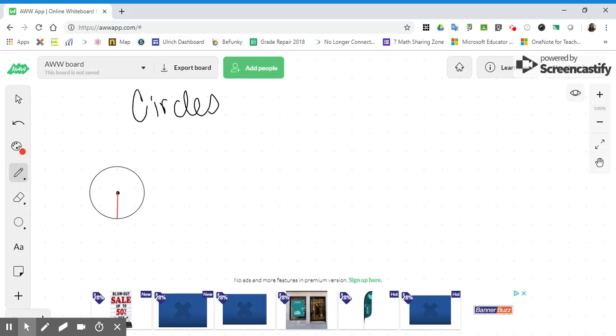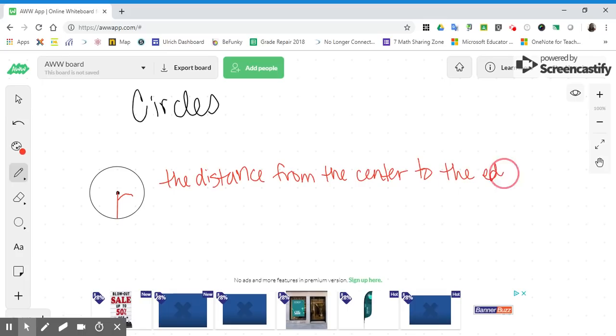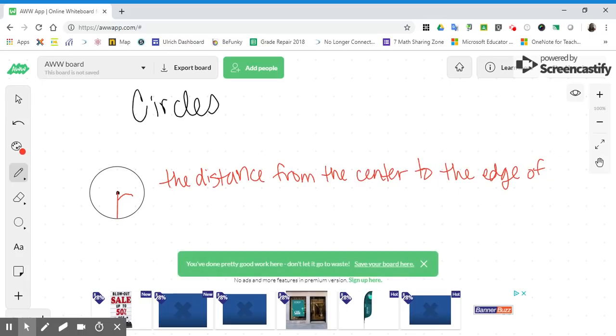So now I'm going to take my pencil and kind of turn it into a little R for radius. So the distance from the center to the edge of the circle, and again, that's called the radius.